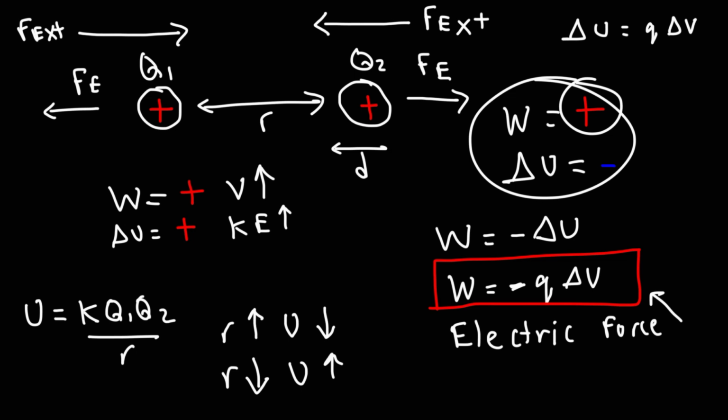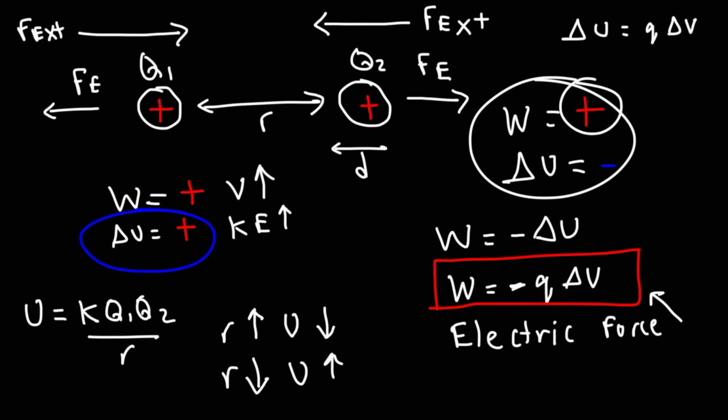As for the kinetic energy, it depends on how big the external force is, because it's possible that you could have an external force that is just big enough to move the charge at constant speed, in which case the kinetic energy will be constant. But if you use a very large external force, you can move the charge with an increase in speed, thus increasing the kinetic energy. So it really depends on the relative sizes of those two forces.